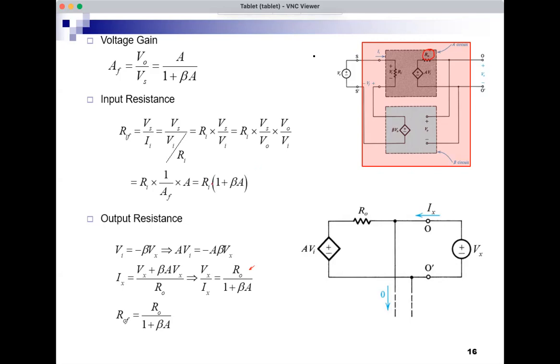RIF is Ri times 1 plus beta A. So RIF is greater or possibly much greater than Ri. So the effect of feedback is to take this Ri and make it bigger. So it's moving it towards ideal. And therefore, that's an improvement.